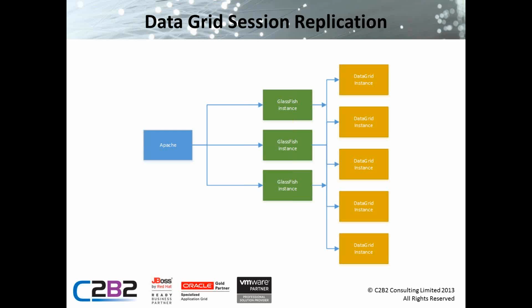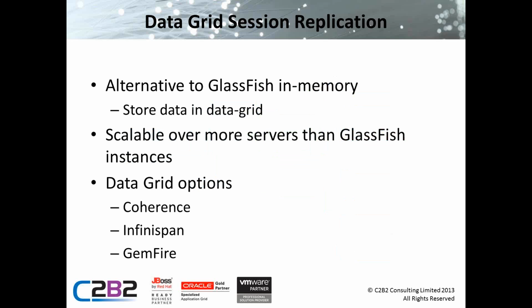So when you add a new instance to the data grid, typically they will distribute the data so the new instance knows everything about the rest. So you can elastically increase the storage size and have the replication of state and the replication of anything you want for your users in a scalable manner. So multiple options for that.